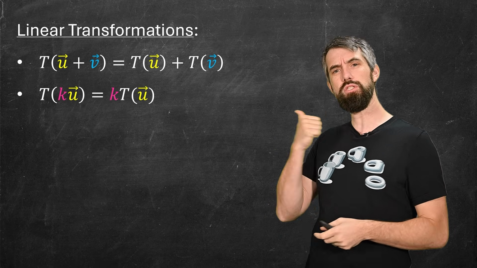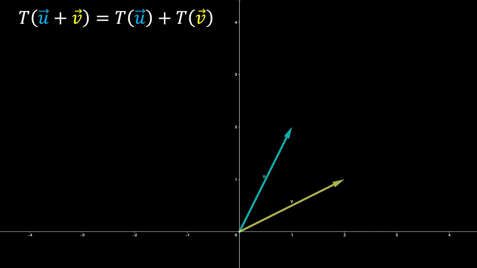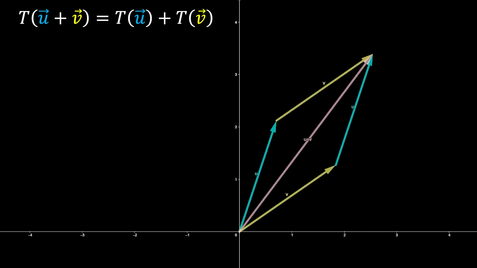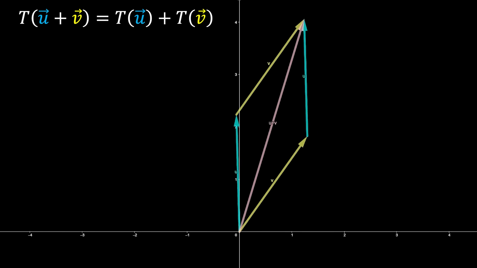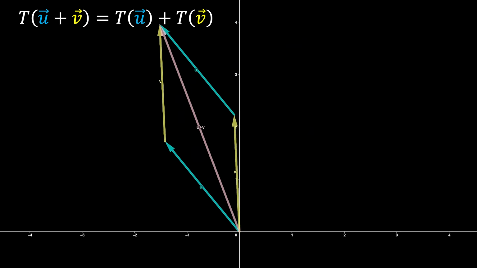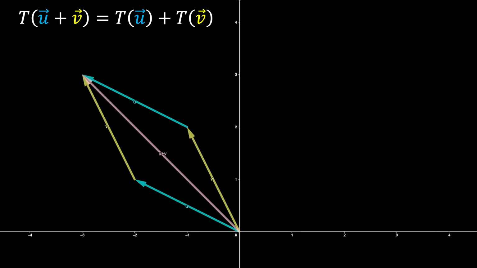So are these true for rotations? Indeed, to define the sum of 2 vectors visually, we form this parallelogram where you take a copy of the first vector, a copy of the second vector, and then the far point of the parallelogram is the sum u plus v. But this parallelogram that describes geometrically how to add vectors, well, under a rotation, all of these lengths are fixed, all of these angles are going to be fixed.